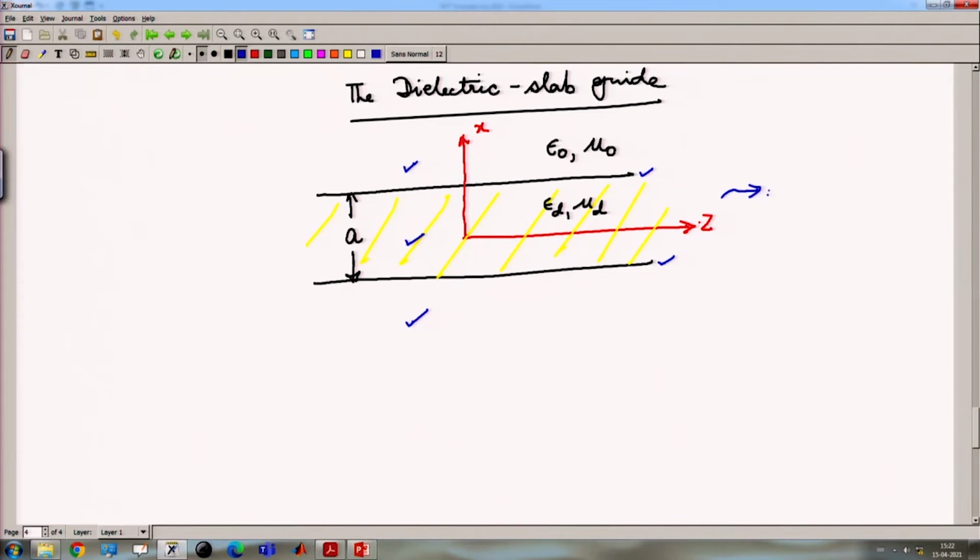So, the waves in this direction are going to have a variation of e to the power minus j k z z.